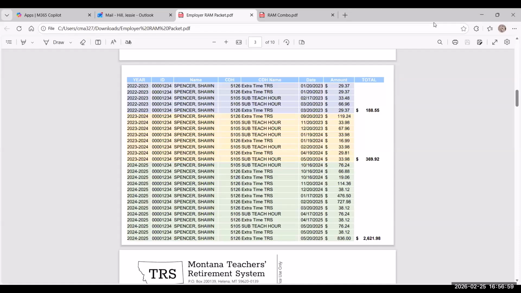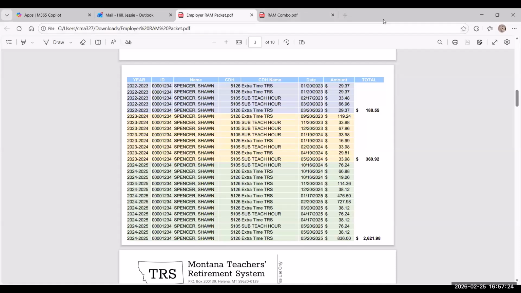And you can see in this example, this employer color coded it for me for 23, 24, 25, and then provided the 26 on the Form 150. I know this has been a heartache for a lot of us. Once again, we are not trying to make more work for you.